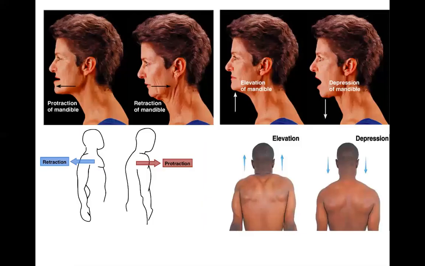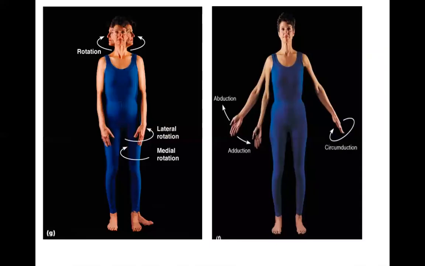Again, in the picture, elevation causes the mouth to close, and depression of the mandible causes your mouth to open. It's like when you move your shoulder up as if to say, quote unquote, I don't care. Moving your shoulder up is elevation, bringing it back down is depression of the shoulder.